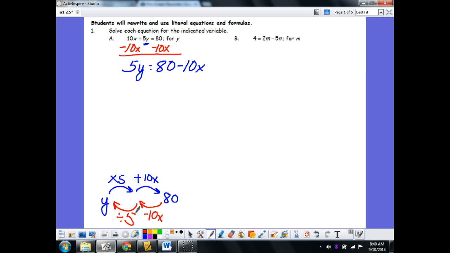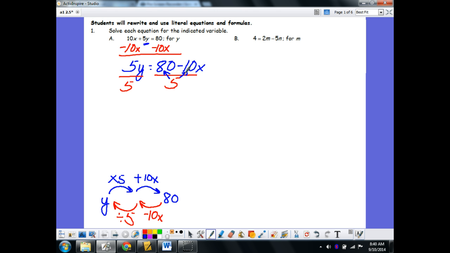One thing you have to be careful with if we divide both sides by 5, and we've seen problems like this already when we talked about the distributive property: dividing by 5 is the same thing as multiplying by 1/5. We have to make sure we divide both of these by that 5, or multiply both of them by 1/5.